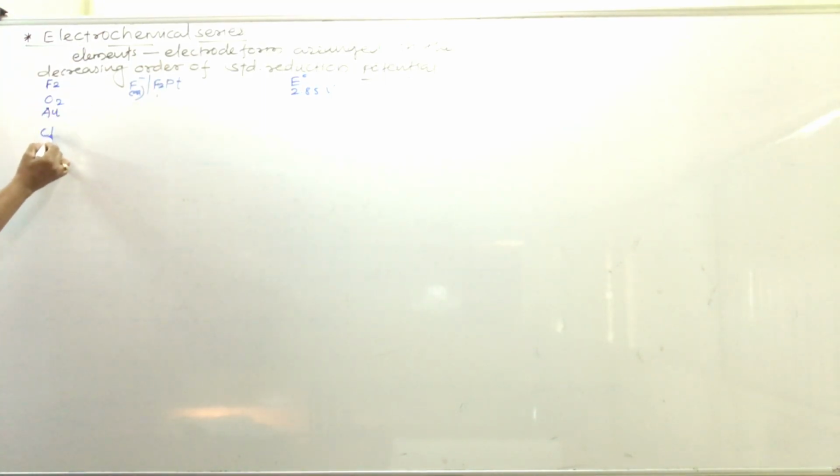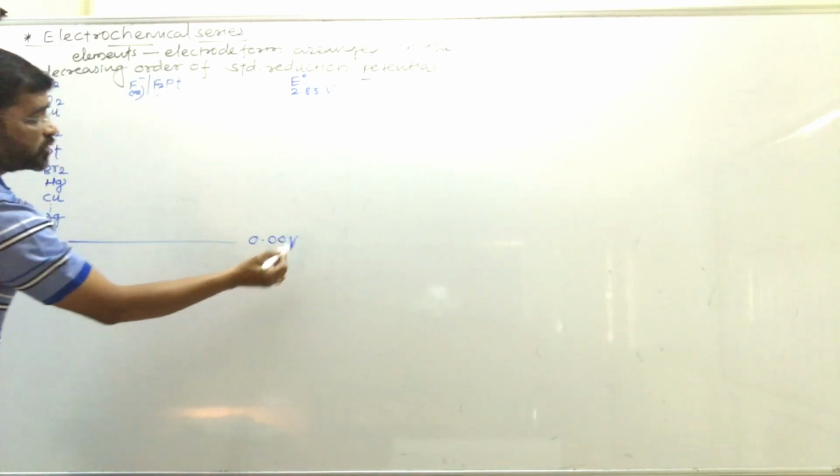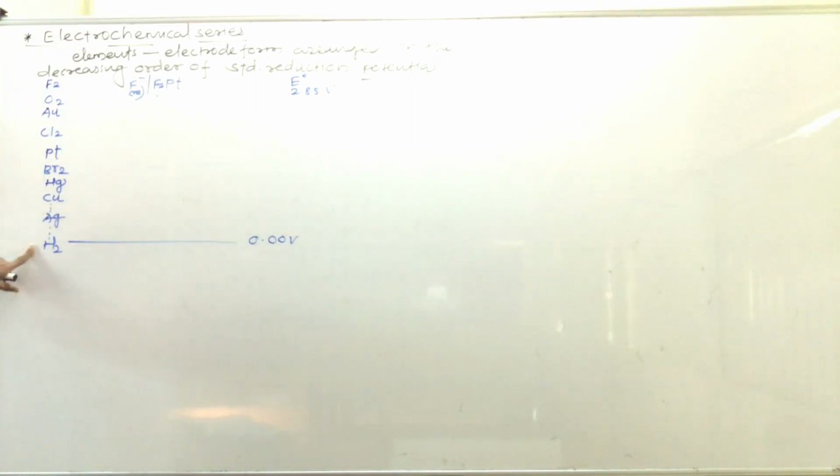Oxygen, gold, chlorine, as well as some elements like platinum, then bromine, then mercury, Hg, then copper, then silver, and here hydrogen, whose potential is 0.00 volt, meaning 0 volt.